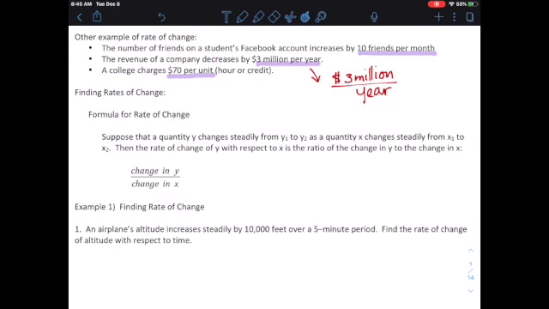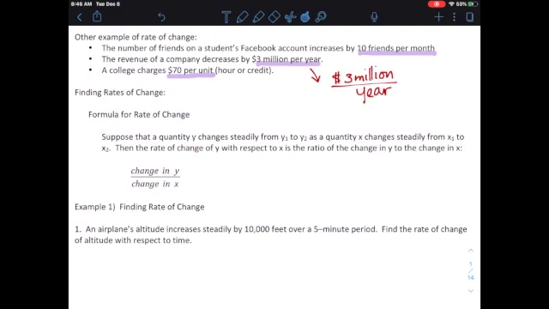And the next thing we're going to do is find the rates of change. The formula for the rate of change is as follows. I did not have you write the big words down, but some of the words they can say to you are: suppose that the quantity y changes steadily from y1 to y2 as the quantity x changes steadily from x1 to x2, then the rate of change of y with respect to x is the ratio of the change in y to the change in x.